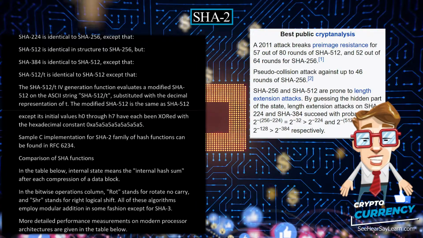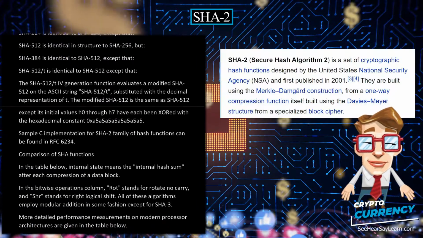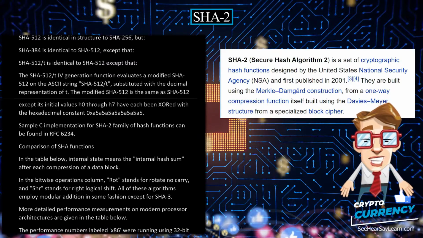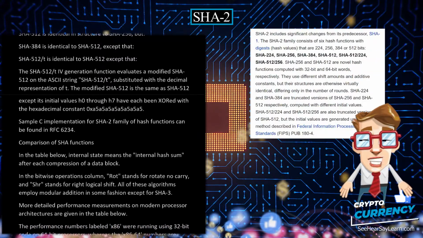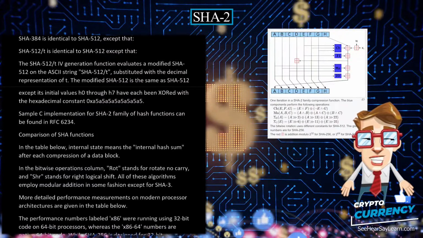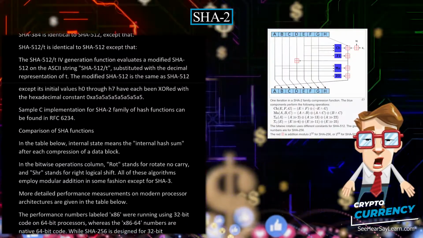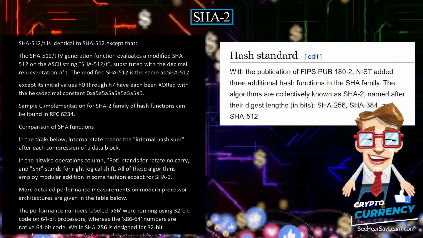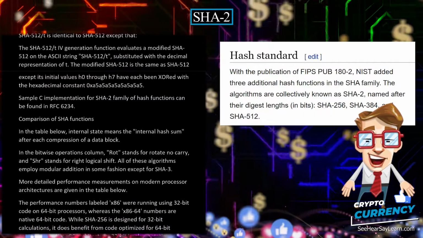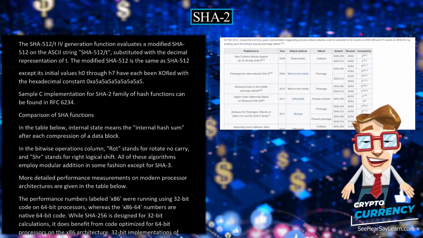Comparison of SHA functions. In the table below, internal state means the internal hash sum after each compression of a data block. In the bitwise operations column, ROT stands for rotate no carry, and SHR stands for right logical shift. All of these algorithms employ modular addition in some fashion except for SHA-3.